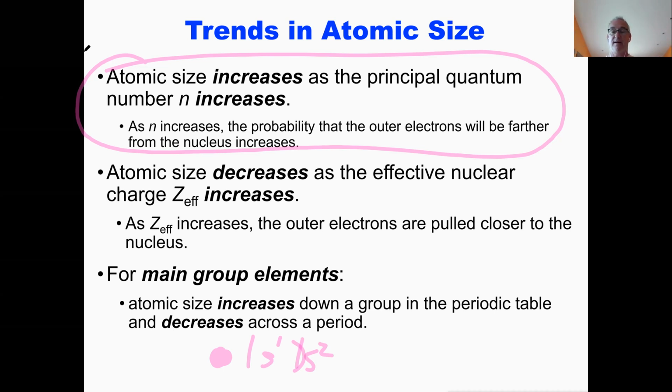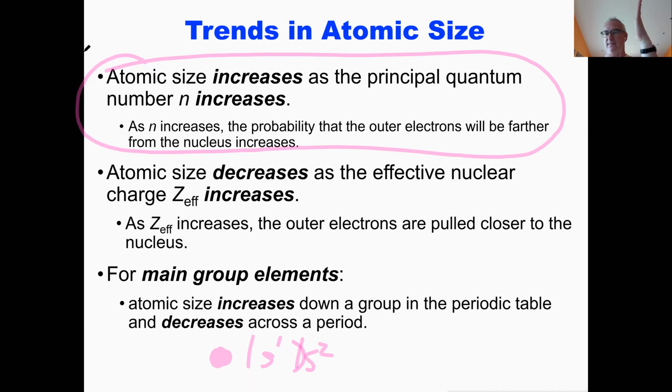As we look at the very first group, the alkali group, hydrogen's really small, then sodium is bigger, and then potassium is bigger, and it just keeps getting bigger as we add a new shell of electrons. Well, that makes sense. What doesn't make sense immediately?